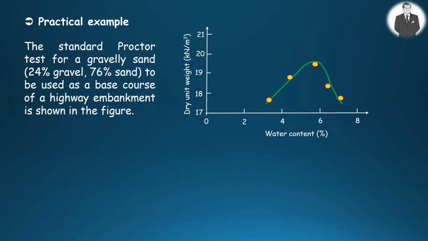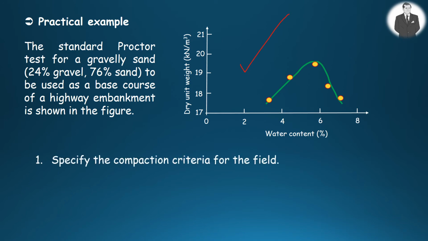Now let us use the information we have learned so far for an engineering application. Shown in the figure is the standard Proctor test for a gravelly sand, which is to be used as a base course of a highway embankment.